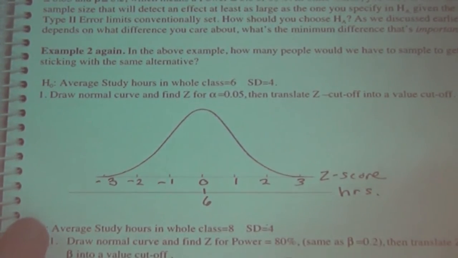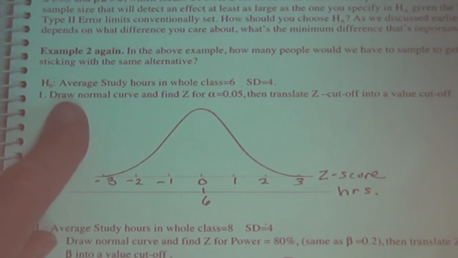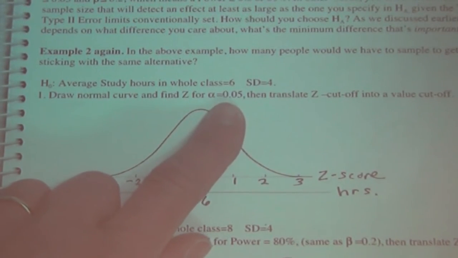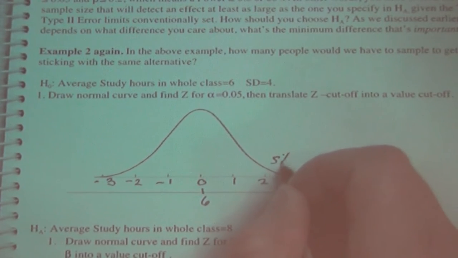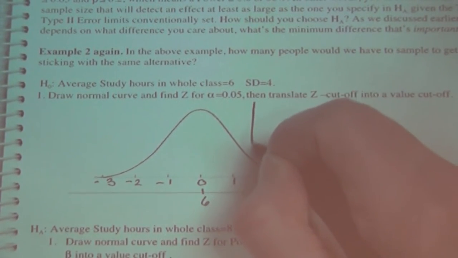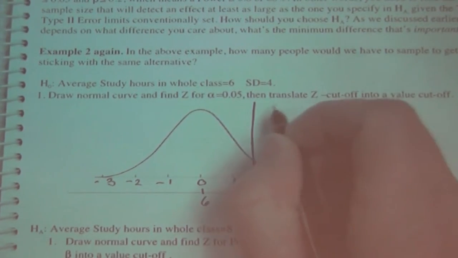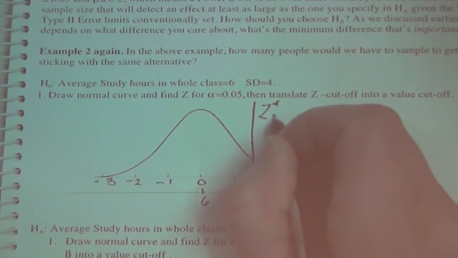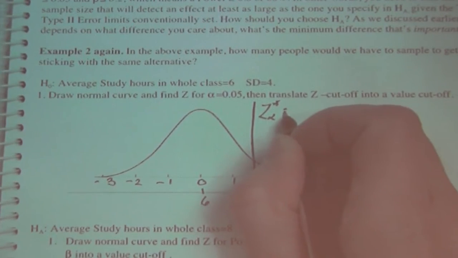Now, we're setting alpha again equal to 5%, so that's 5% in this tail, and we know now that our critical value at alpha equals 5% is 1.65.